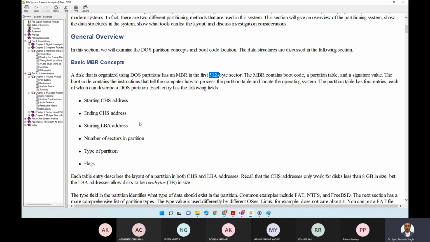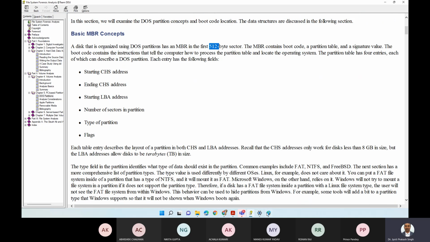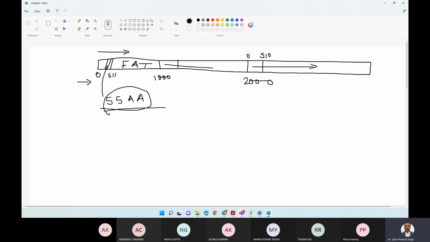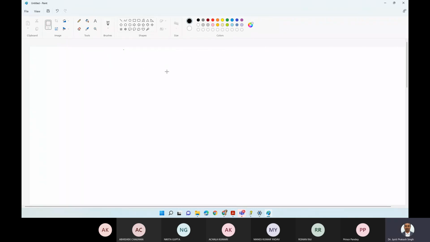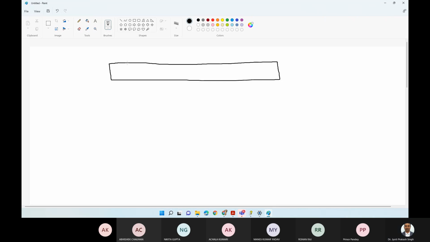Let's see that. So now we have seen, as I told, this one. Say this is a FAT based partition. So this is say 512, then next will be 1023 and so on.